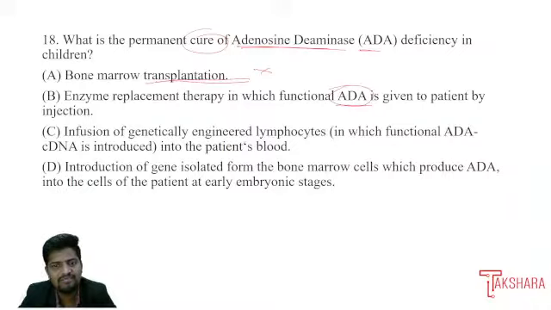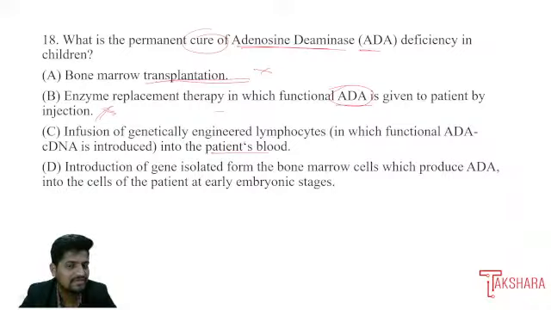Now we can artificially insert the functional ADA, but then the person has to keep producing immunity. After the expression, there is again no production of protein or immunity, so it is also not a permanent method for the human being. Next, transfer of genetically engineered lymphocytes, in which functional ADA is introduced into the patients.